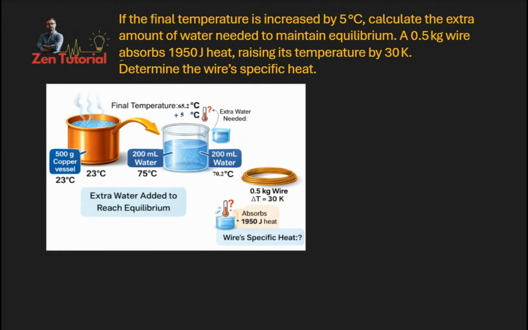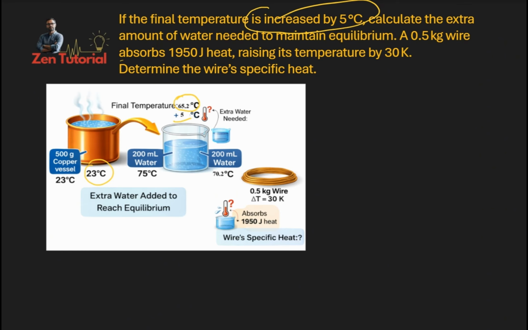Here the copper vessel temperature was 23 degrees Celsius, and the final temperature is 65.2 degrees Celsius. Now in this question, the temperature is increased by 5 degrees Celsius. It means we have to add 5 more degrees Celsius.